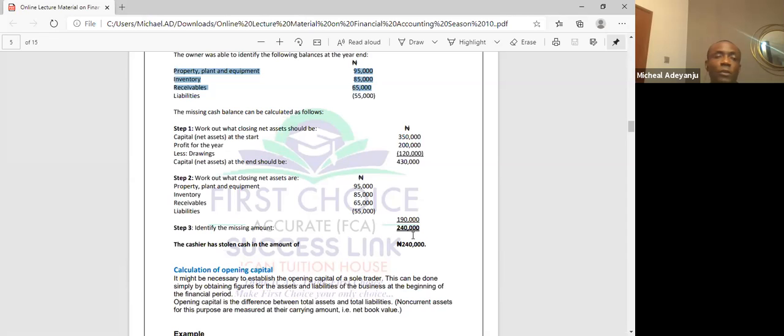So that's what actually makes up your current assets. And we are already given our receivables, we are given our inventory, and we are looking for cash or bank. So that's the reason why we make cash the subject of the formula and determine how much he or she stole.